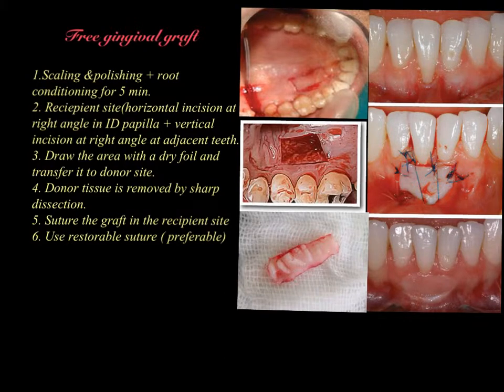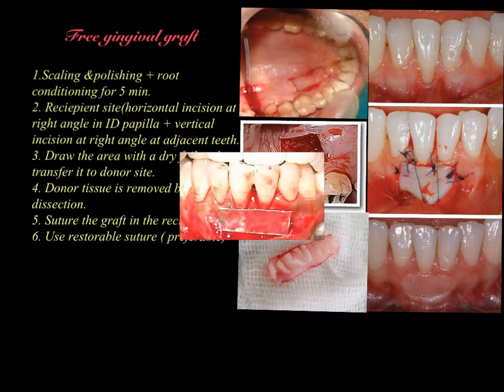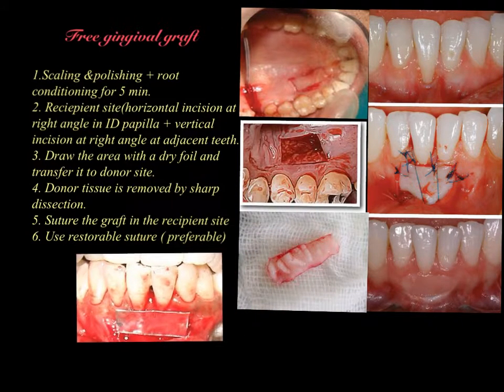Thirdly, we must draw the area of the recipient site with a tin foil, to measure the size of the defect and the size to which the graft should be placed.